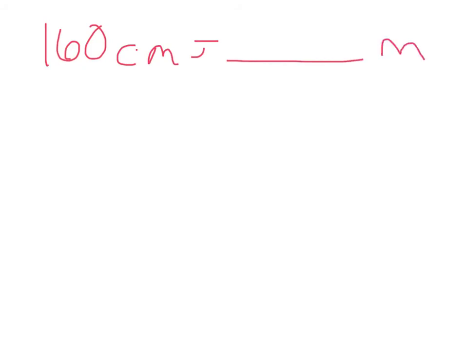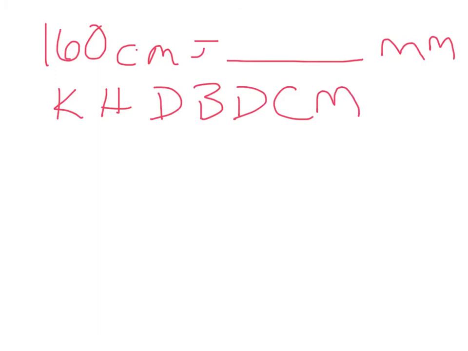All right, this is our last practice problem. 160 centimeters, and we want to go to millimeters. So, King Henry died by drinking chocolate milk. So we're starting at centimeters, so 160 centimeters. We're going to erase that, I didn't line it up correctly.